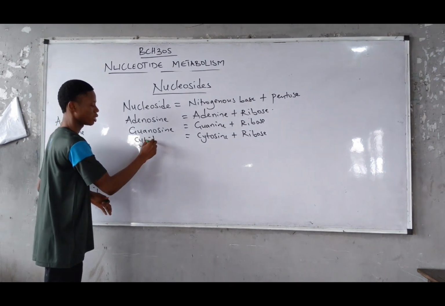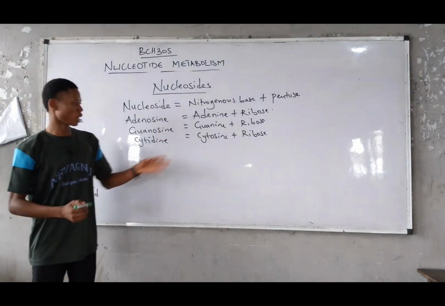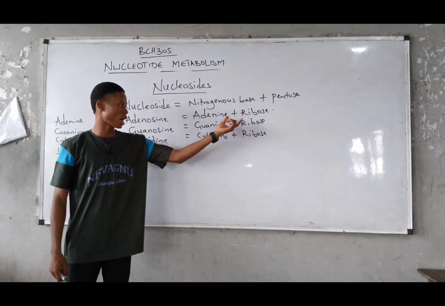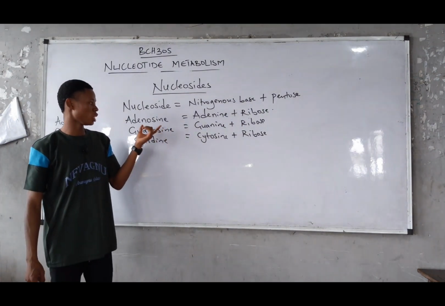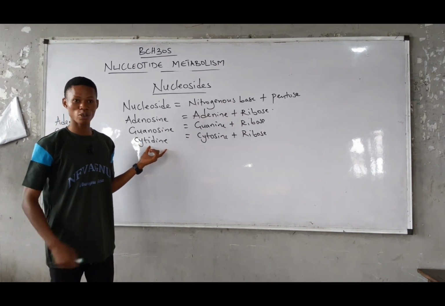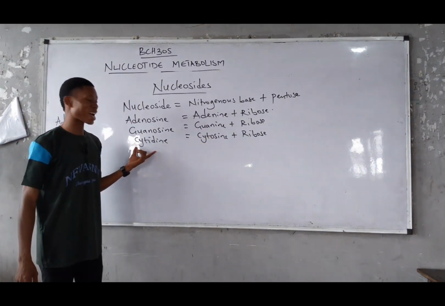Cytidine, right? If you ended with osine, you would be pronouncing cytosine, which is a base. So cytosine and ribose will give us cytidine.